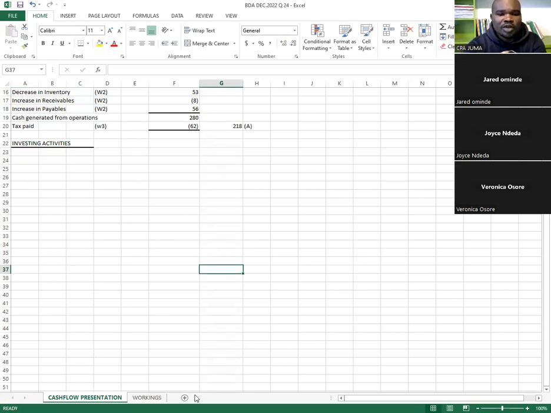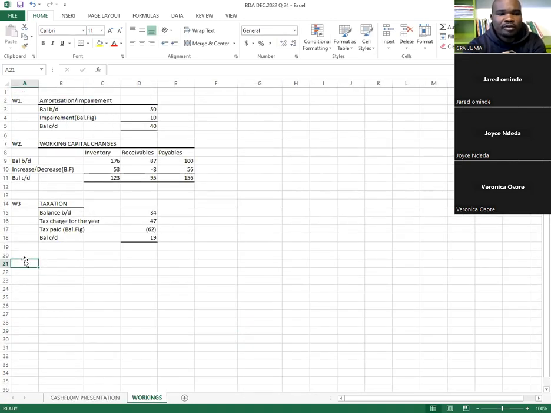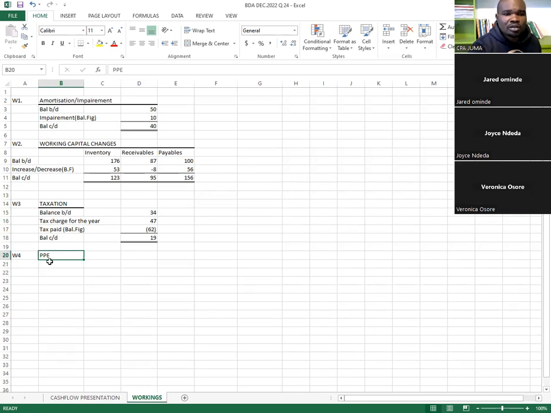For that one, I will have to do a working. In any cash flow, PPE must always be reconciled. So PPE, property, plant, and equipment, and you have to be very fast. Balance brought down for PPE, you can see 264.